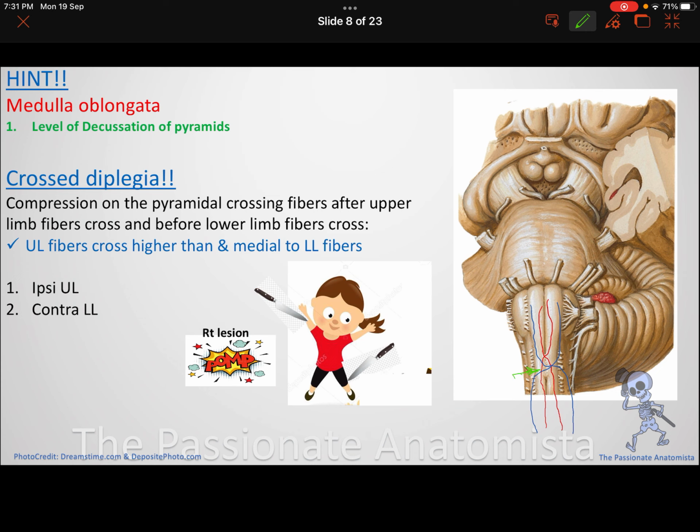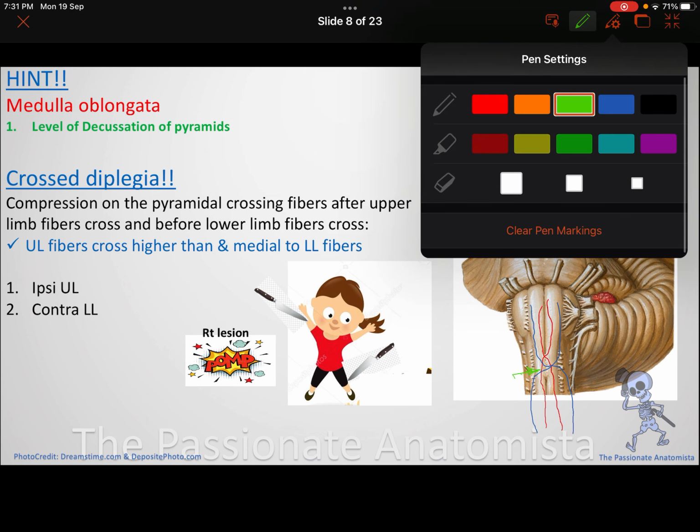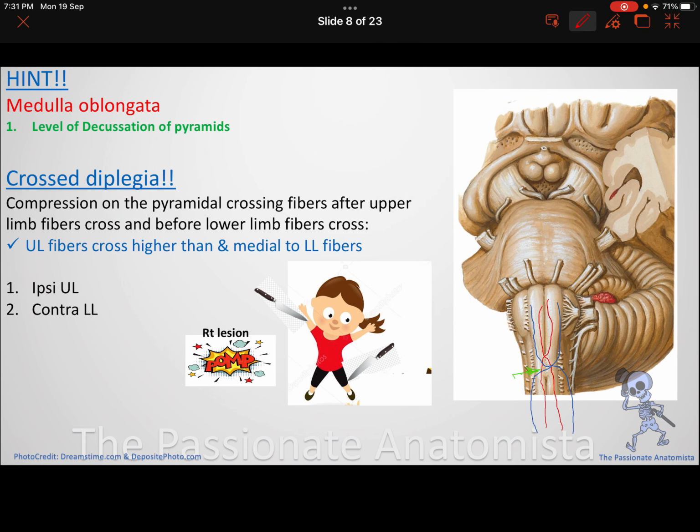All right, why? Because the upper limbs cross higher up. Okay, so we have the pyramids, they cross higher up. So if I have a problem, it means that from the red, this is the last tract that wants to reach my upper limb.